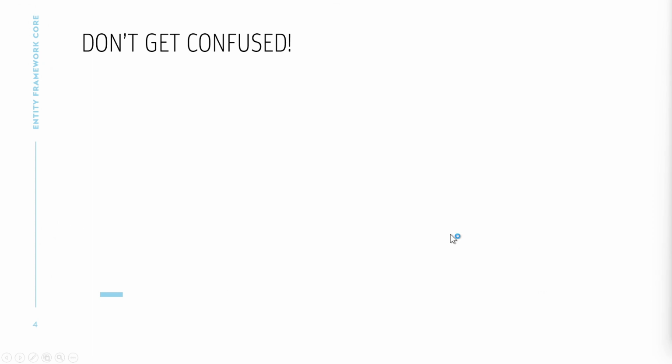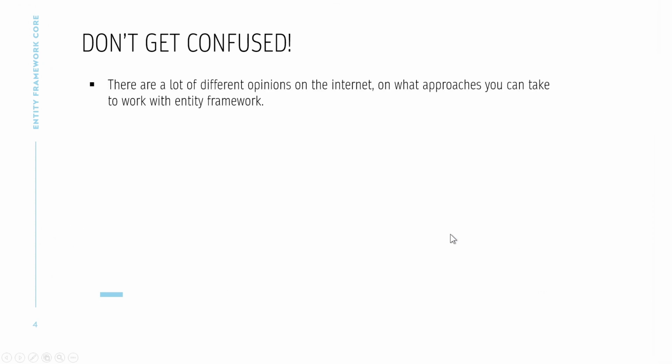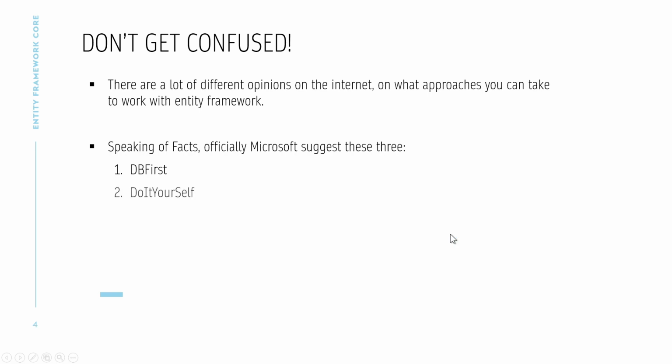Don't get confused. There are a lot of people on the internet talking about what approaches to take with the Entity Framework. Note that there are only three approaches which are suggested officially by Microsoft. The first one is DB first approach, in which you create a database and then you work with Entity Framework, which creates your C# code to interact with the database.